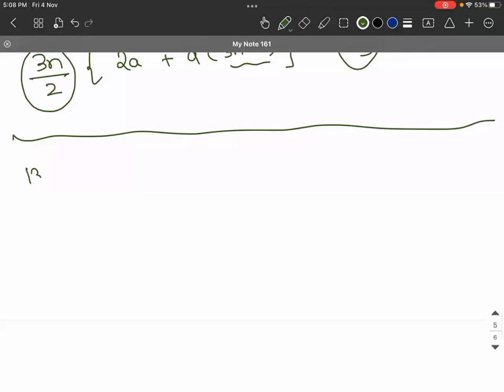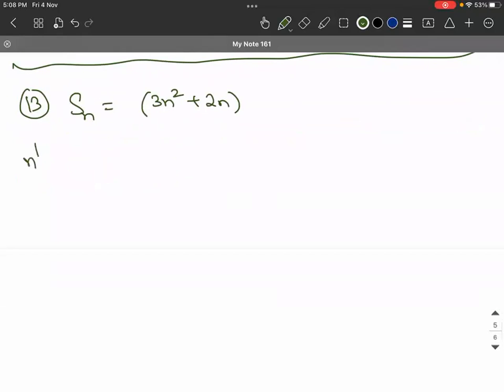Now, we'll do one last problem. Question 13: if the sum of n terms of an AP is given by Sn equal to 3n square plus 2n, find its nth term.